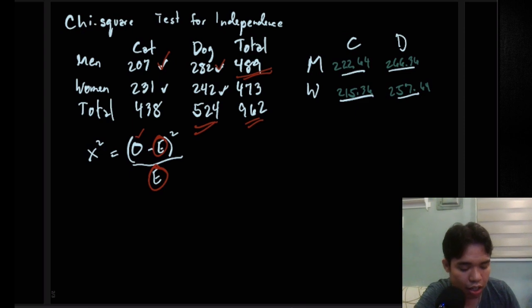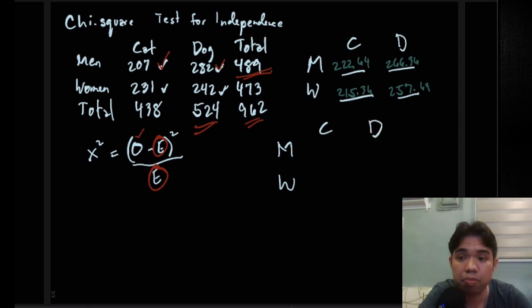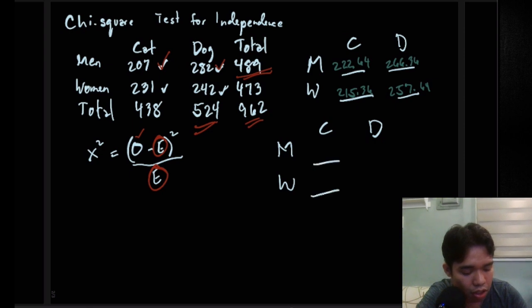Now we're going to create another table: men, women, for cats, dogs. This time, in our 4 cells, we will be putting the chi-square for each cell.